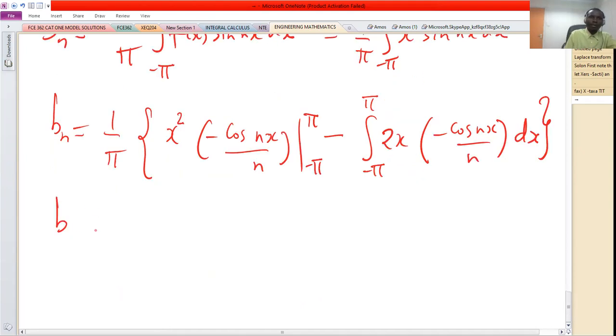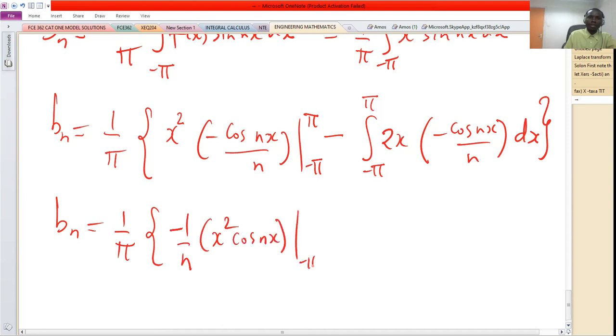So that bn is 1 over pi. This part here, I can factor out minus 1 over n, then I say x squared cosine nx from minus pi to pi. And then I can put out 2 over n from minus pi to pi cosine nx dx, but it's an x here.